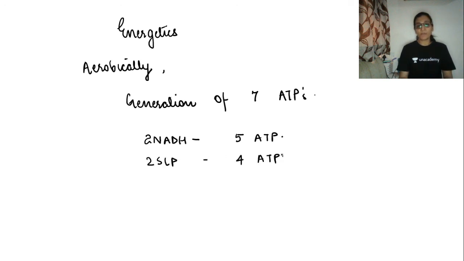We are talking about 1 glucose. So 1 glucose is going to give 5 ATP from NADH and 4 ATP from 2 substrate level phosphorylations. And there is consumption of 2 ATPs as well.